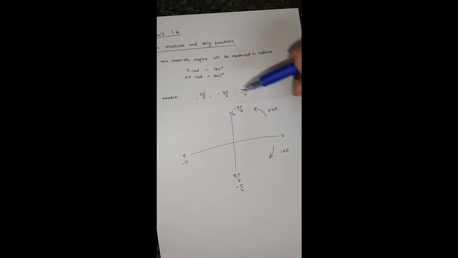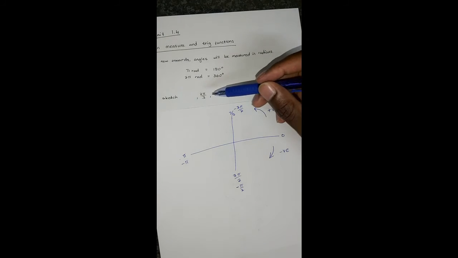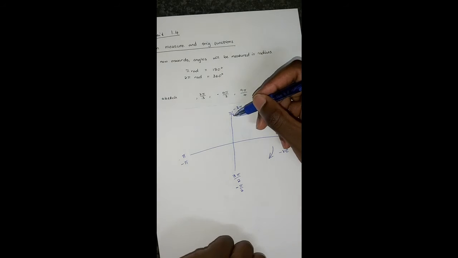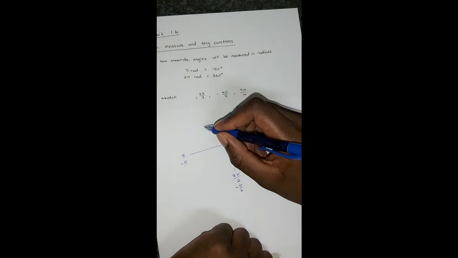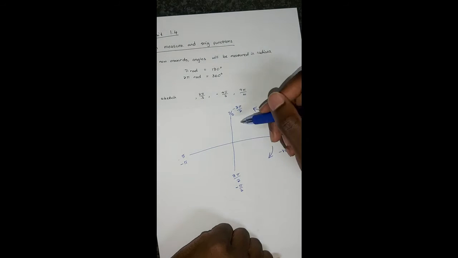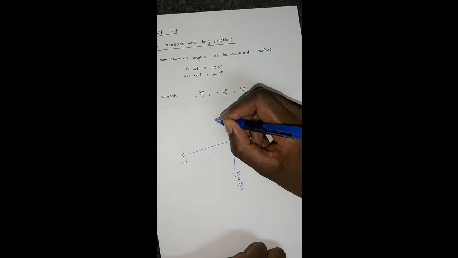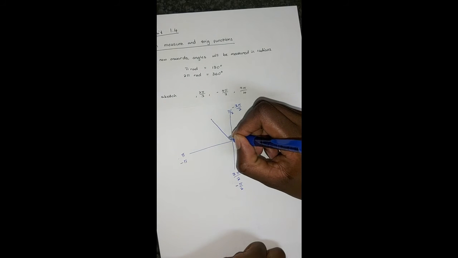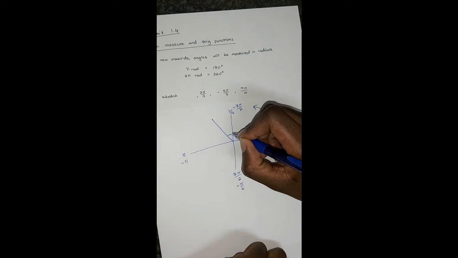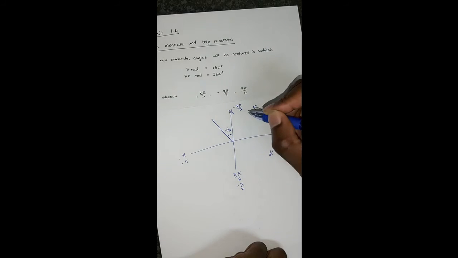Okay, so sketching 2 pi over 3. 2 pi over 3 is greater than pi over 2, so we're going to find it somewhere over here. That, and then that's going to be pi over 6.